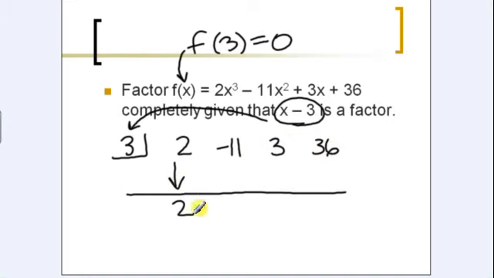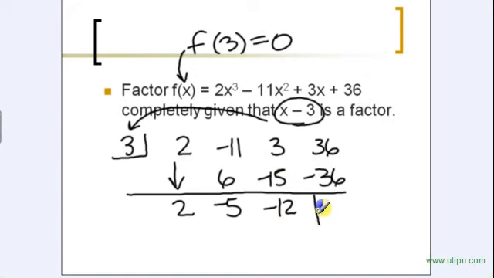And let's add, multiply, add, multiply, add, multiply, and you can see I do get a remainder of 0. Now, at this point, if I did not get a remainder of 0, I either did something wrong or x minus 3 is not really a factor. But x minus 3 is a factor, and this confirms it.